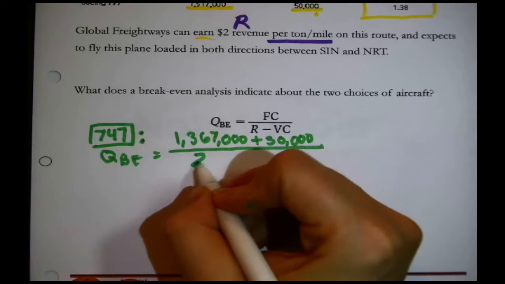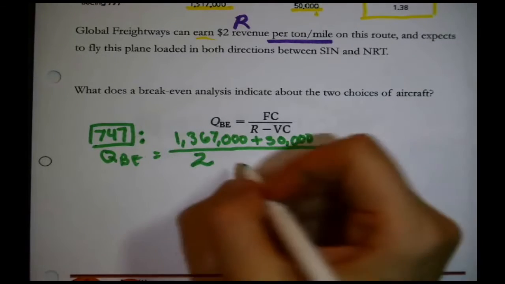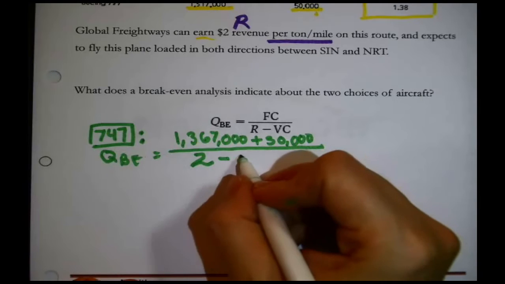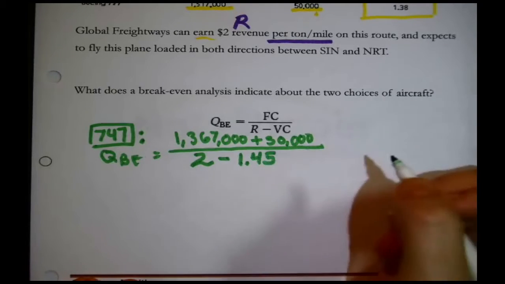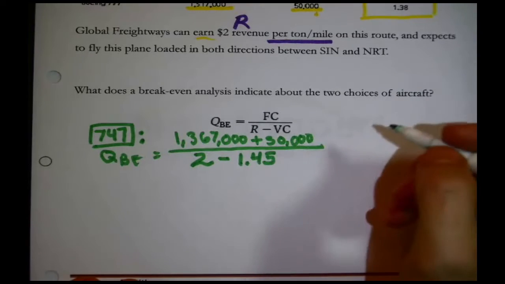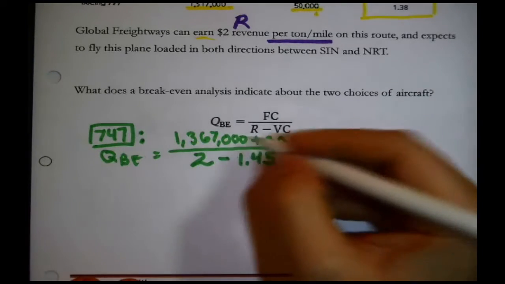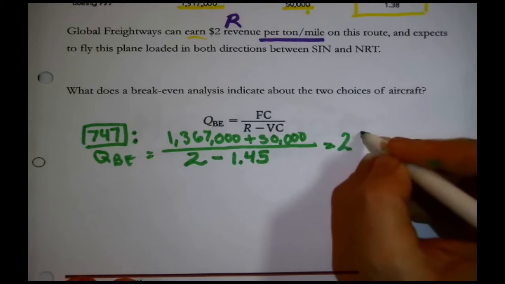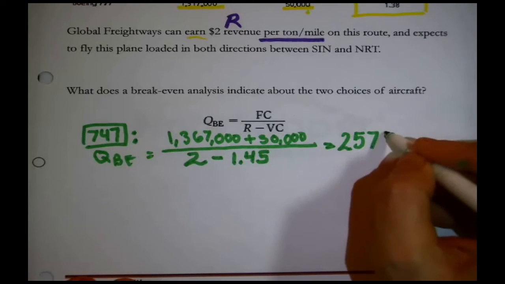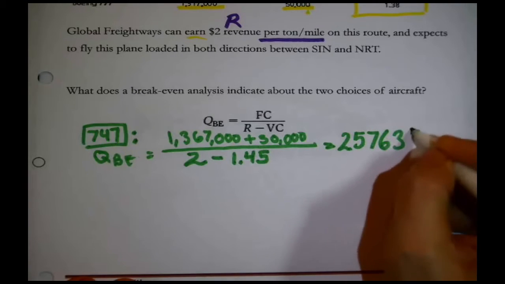That's the revenue per unit, minus variable cost. For the Boeing 747, I see $1.45 per ton mile is the variable cost. Just do this in your calculator. I get this number: 2,576,364.